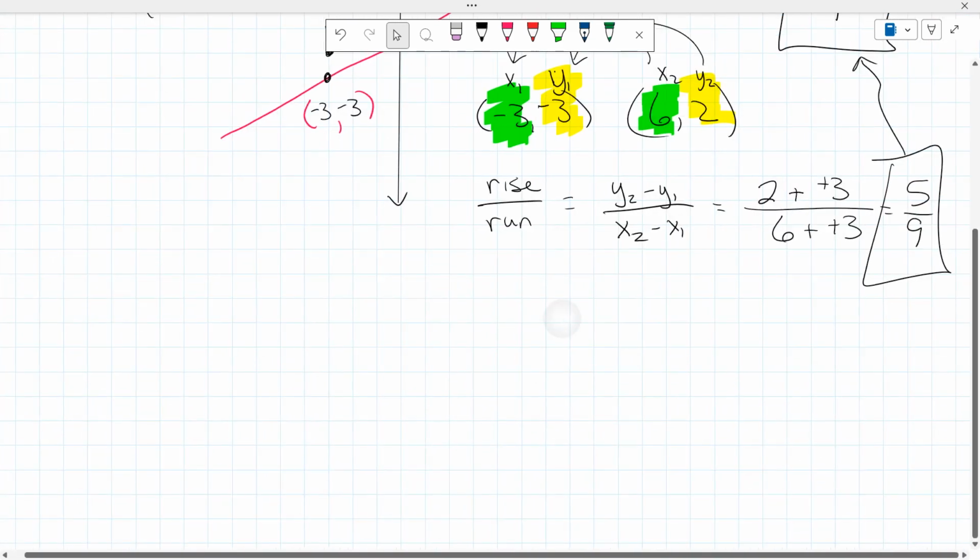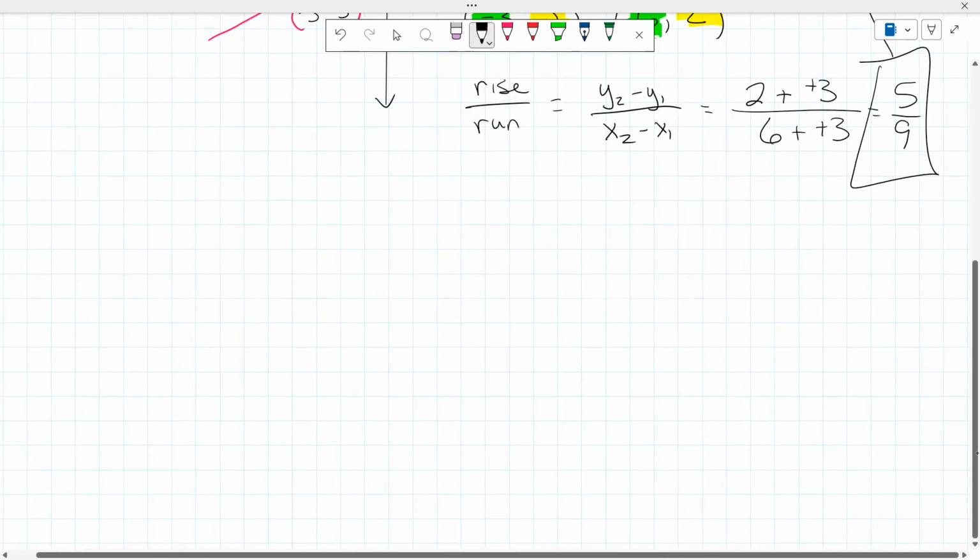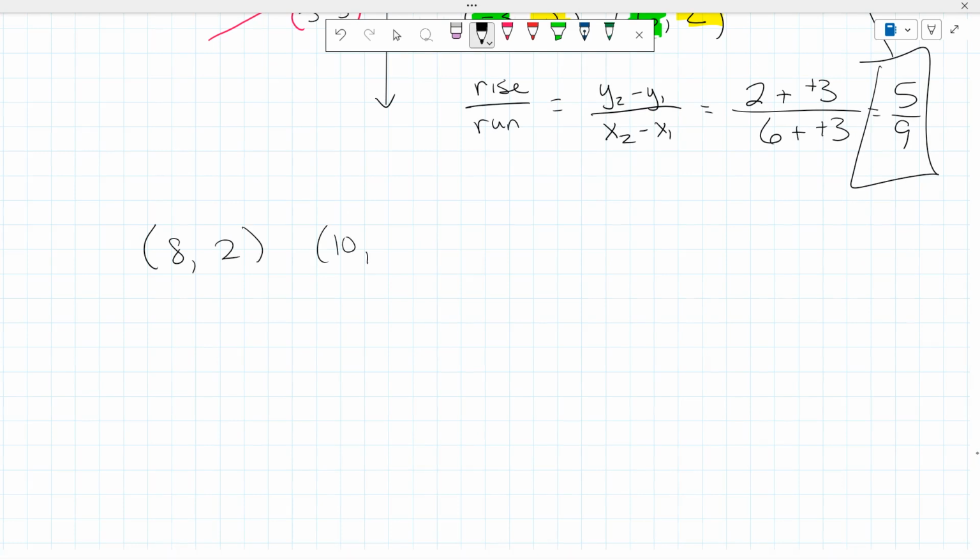So, when you're given ordered pairs, here's two ordered pairs. Do I have to graph it? No. I can use a slope formula. Slope is y2 minus y1 over x2 minus x1. The first ordered pair you're given is x1, y1. The second one you're given is x2, y2.